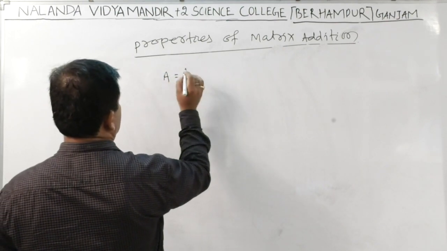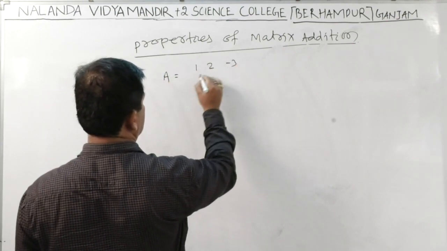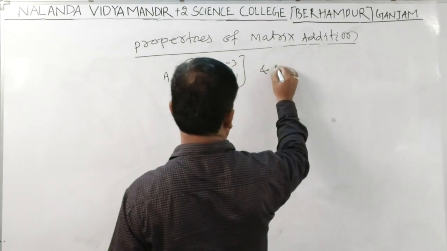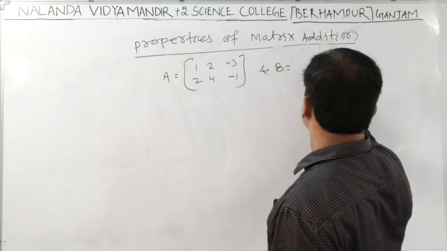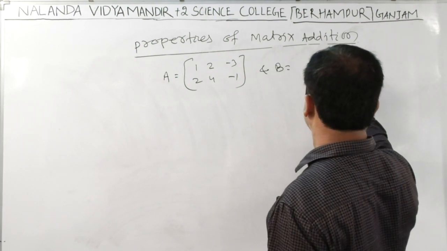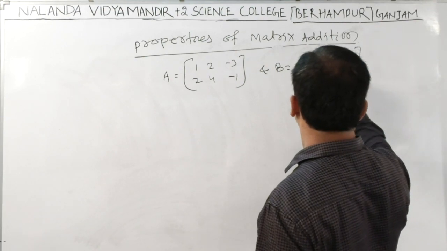A is equal to 1 2 minus 3, 2 4 minus 1 and B is equal to 3 2 4, minus 6 2 minus 2 7.